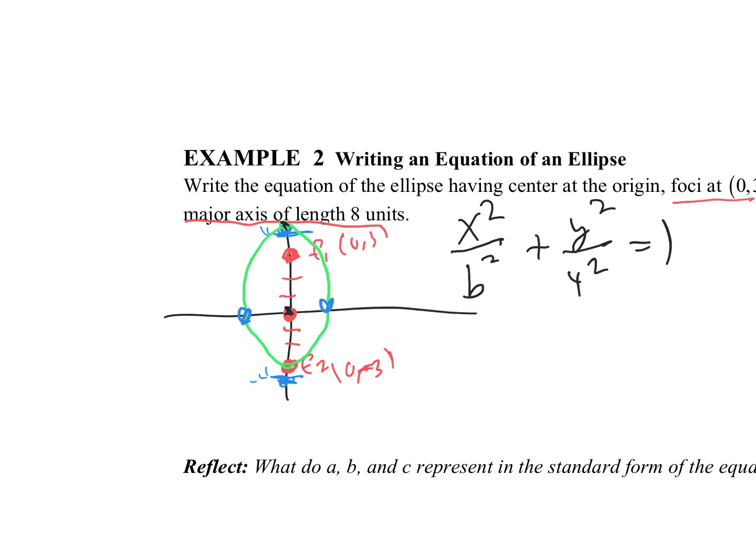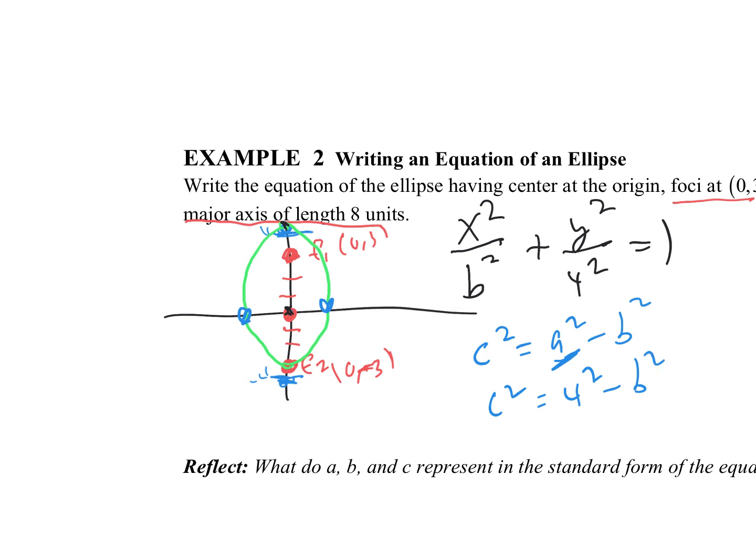I'm going to use my magic formula that said c squared is always going to be equal to a squared minus b squared. A's always got to be the bigger one. And I got that when it was 4. So c squared must be equal to 4 squared minus b squared.